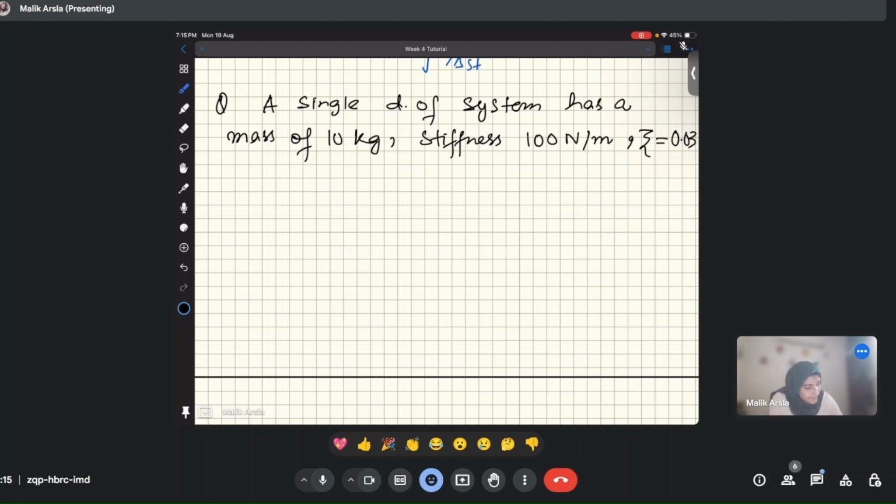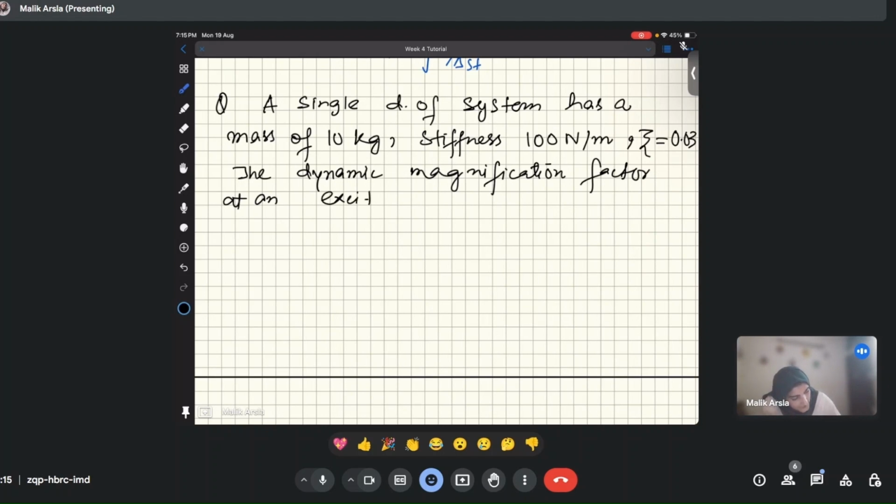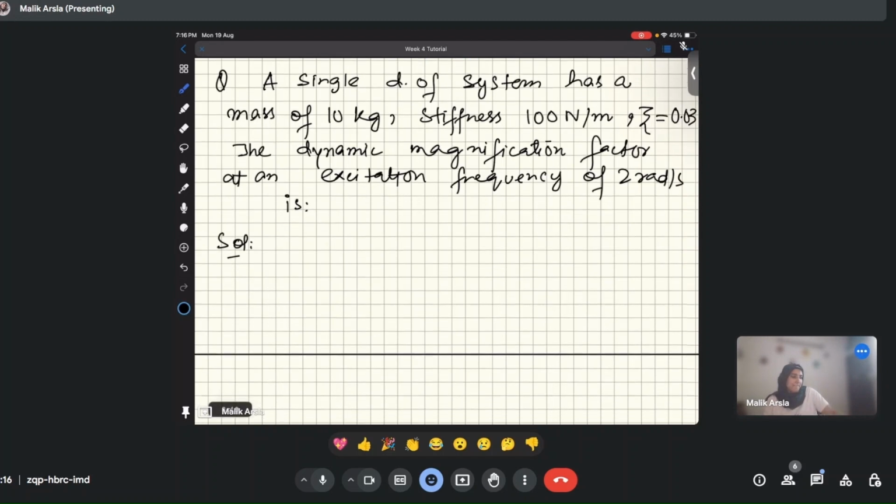The dynamic magnification factor at an excitation frequency of 2 radians per second is. Try this question and tell me what you are getting. It is very simple. It's from the previous lectures, I guess.